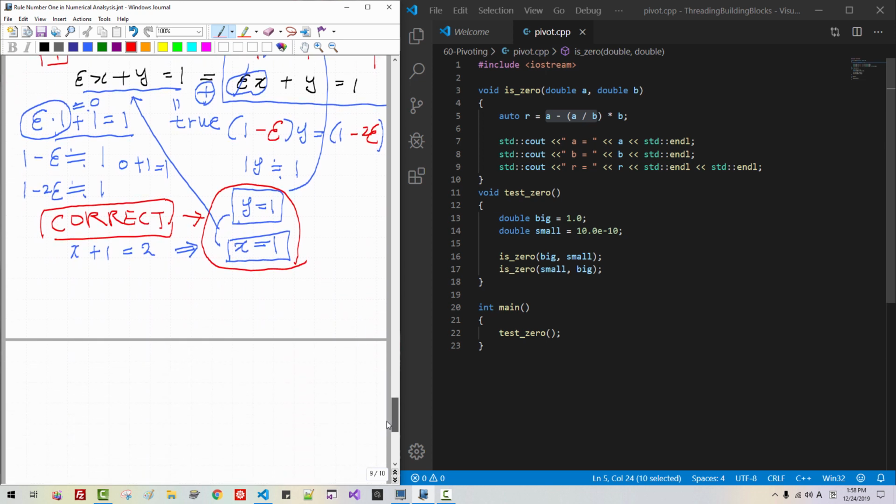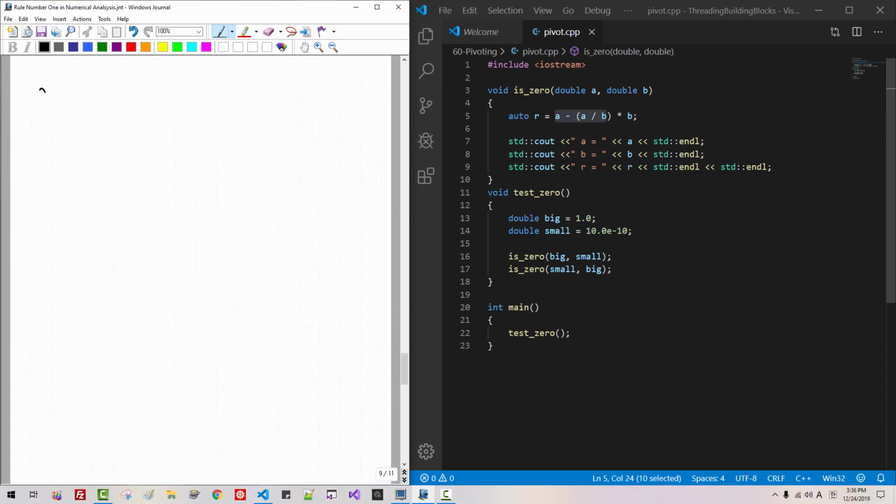Now let's turn it into a program. a00 x plus a01 y equals b1. a10 x plus a11 y equals b2. We select this element as pivot.